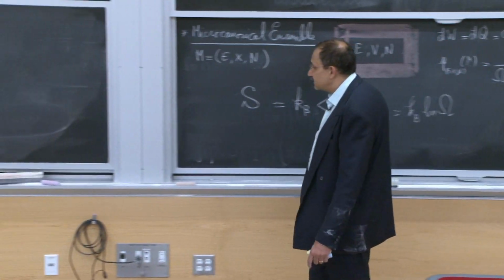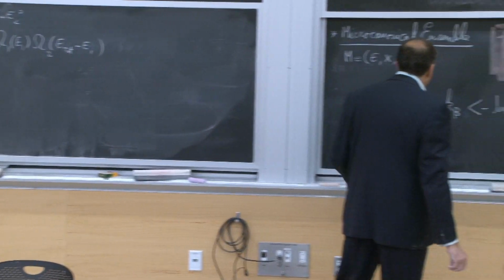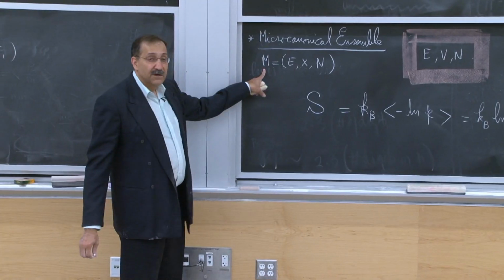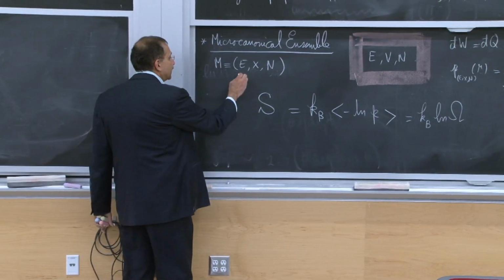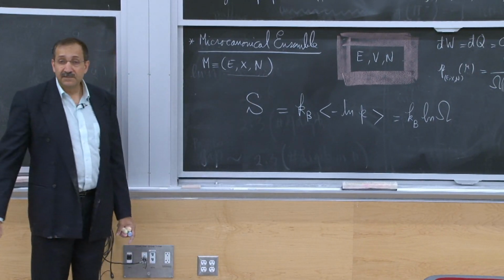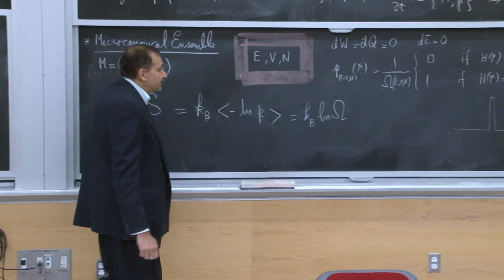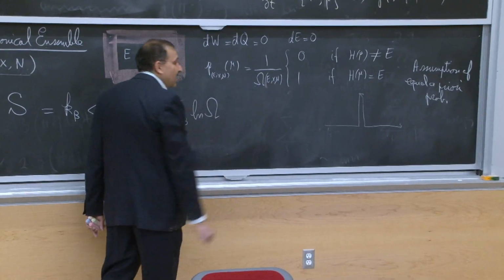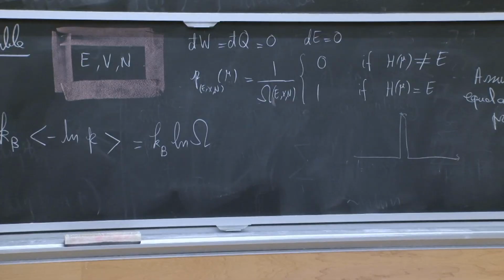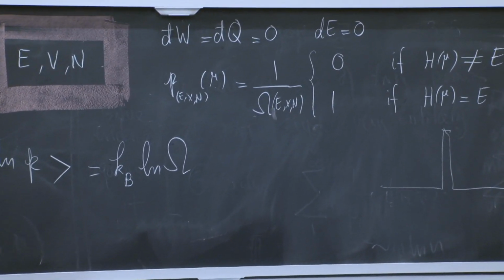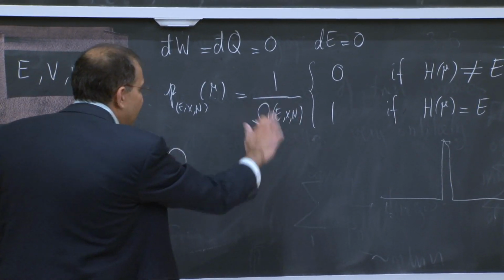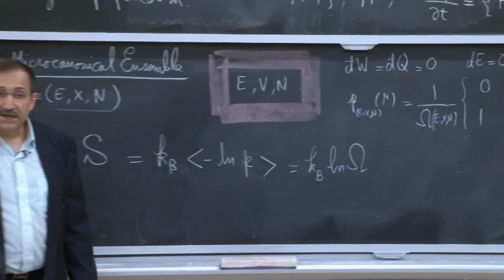So we can identify, in the macrocanonical ensemble, once we have stated what E, x and N are, what the analog of the 6 that we have for the throwing of the dice is, what's the number of microstates that are compatible with the energy.